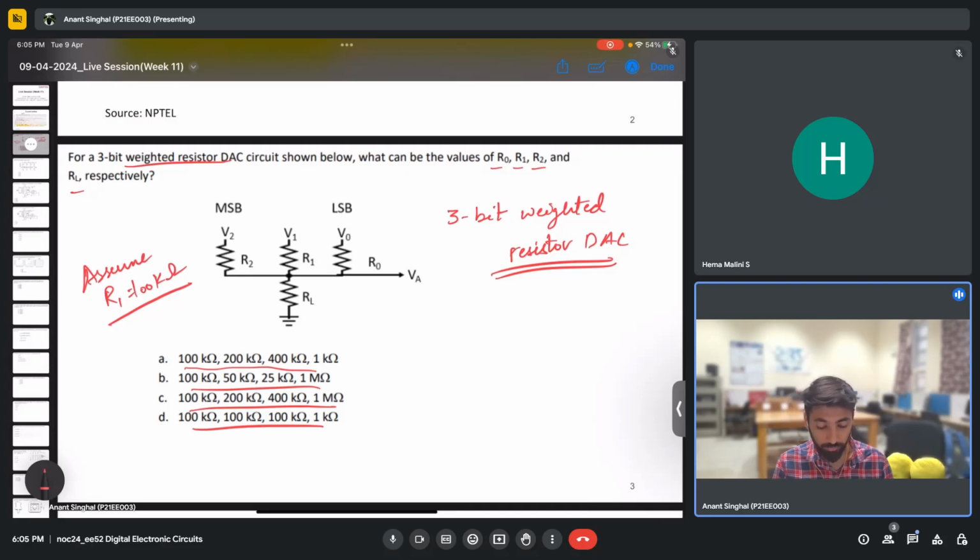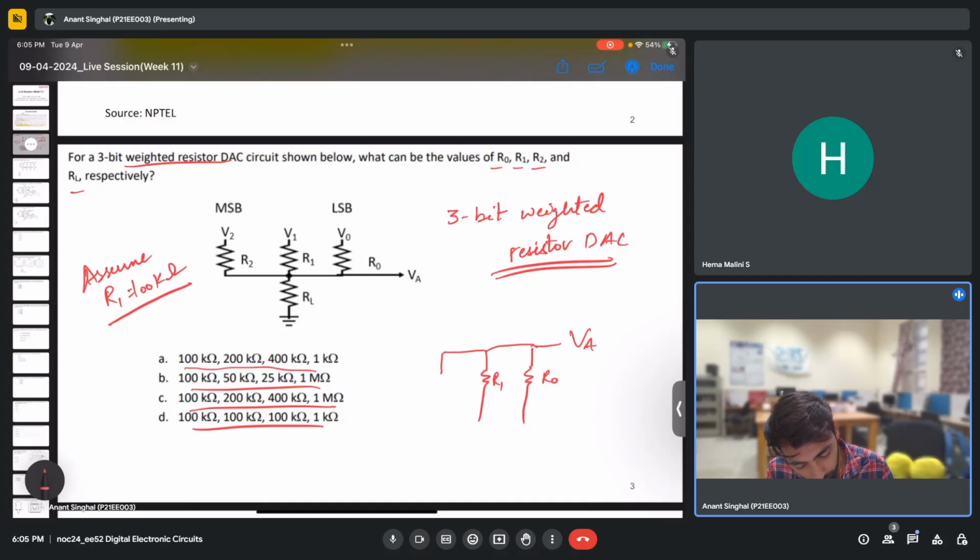So I'll let you know the basics of this circuit: the 3-bit weighted resistor DAC. It is something like this. Wherever we apply the voltage, there are certain resistors associated with it. Since this is a 3-bit DAC, I'll only draw three resistors: R0, R1, R2, and at the last we have a load resistor which is grounded.